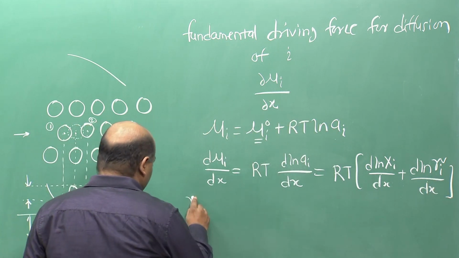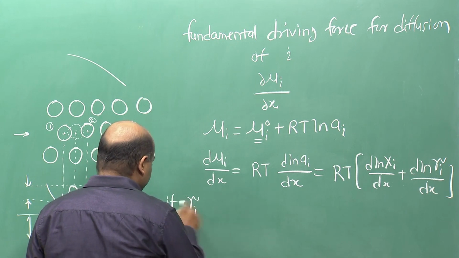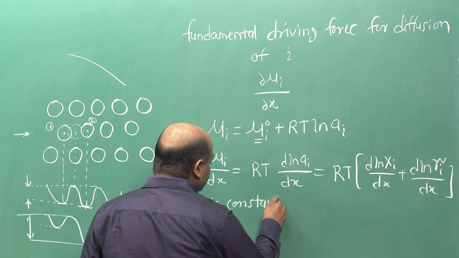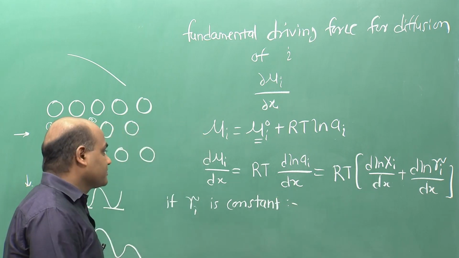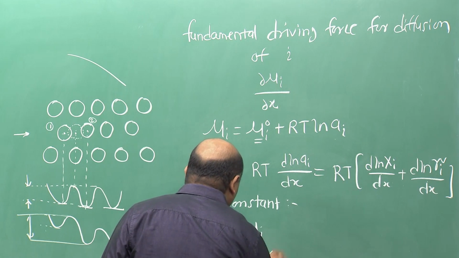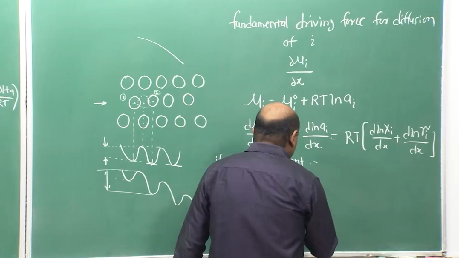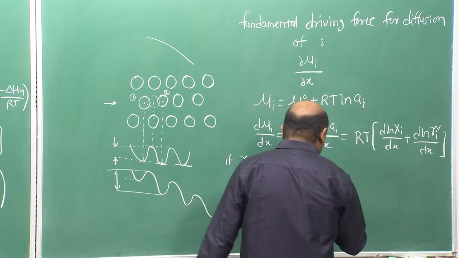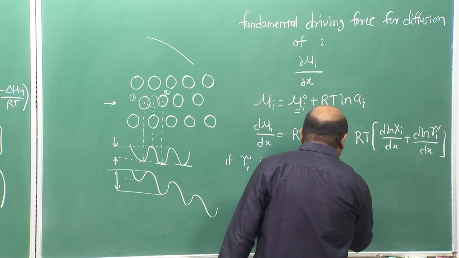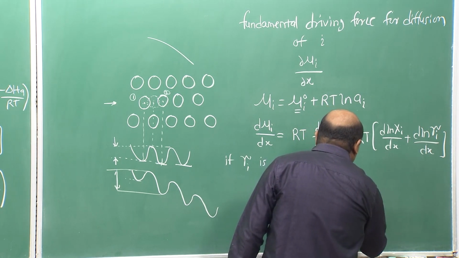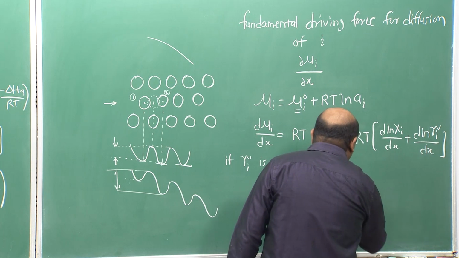And if gamma I is constant, we can simply write d mu I by dx is equal to, d ln x I is 1 over x I, so 1 over x I dx I. So, this will be R T over x I dx I by dx.